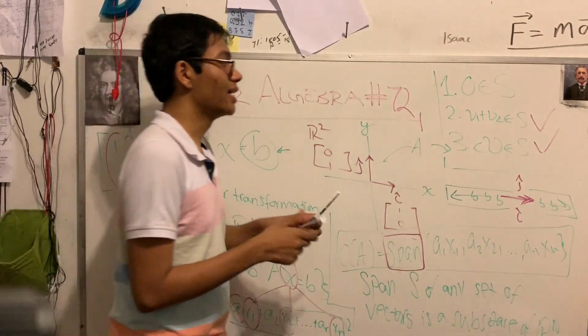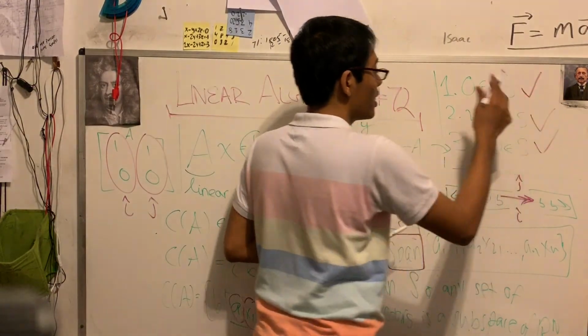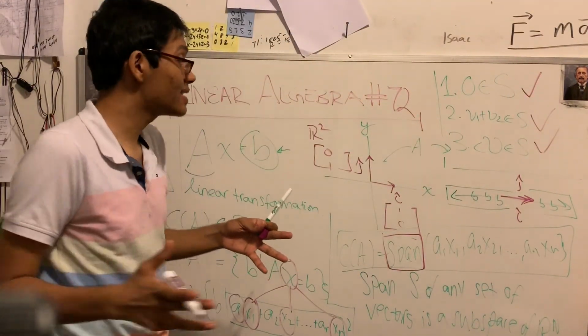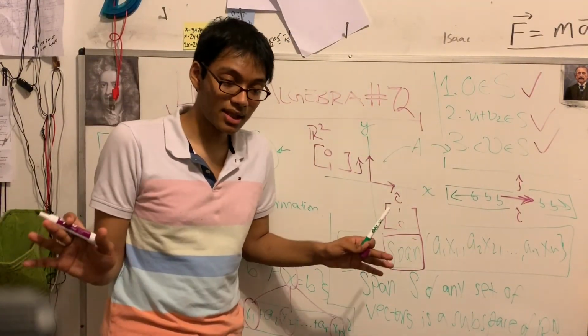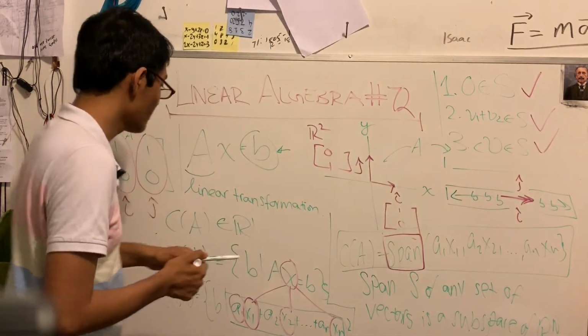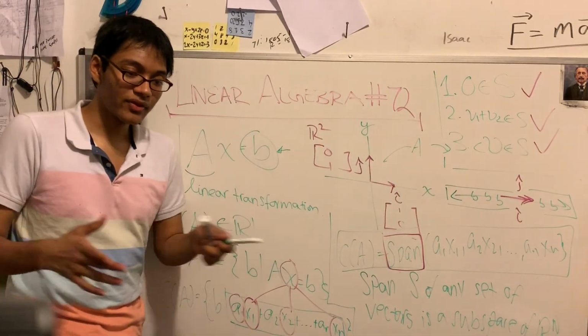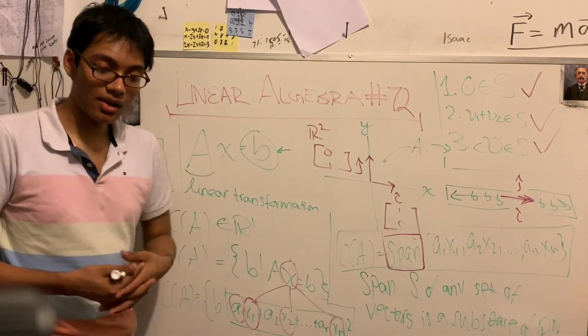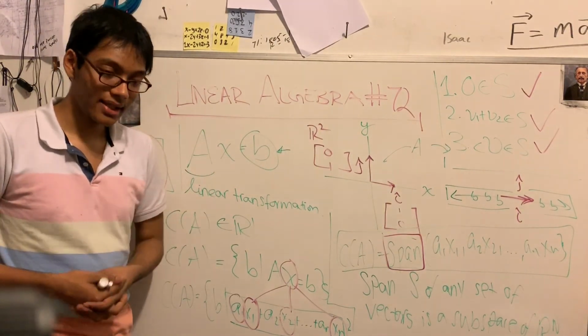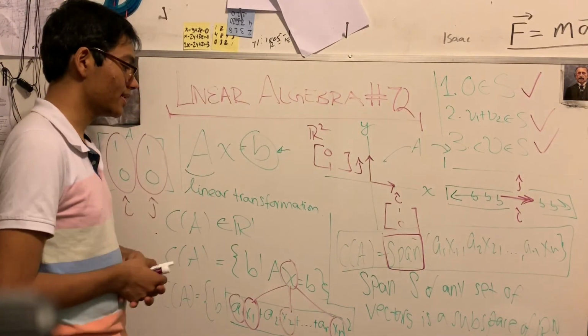So my three requirements for a vector subspace are automatically satisfied. Hopefully that gives you an intuition of what the column subspace is and why it's an actual subspace.